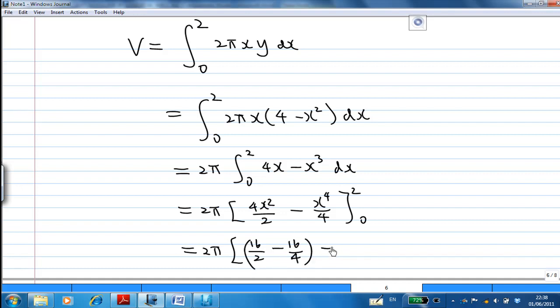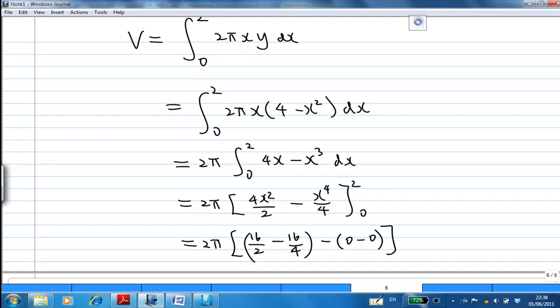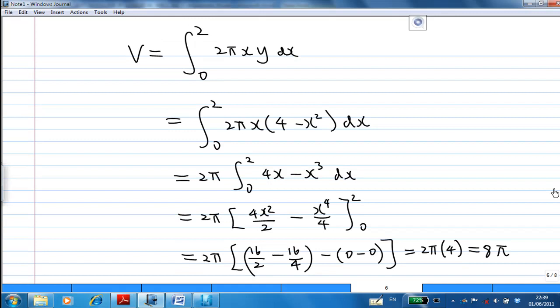And when x equals 0, I have all the numbers 0. So this will give me 2 pi times (8 minus 4), which is 4. So the answer is 8 pi. The volume of the solid generated is 8 pi. And this method is called the cylindrical shell method. And that is the end of this recording.